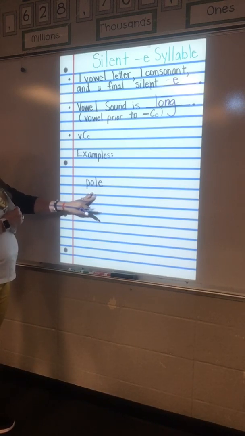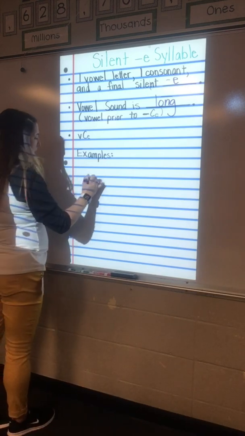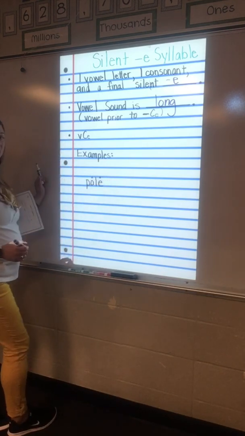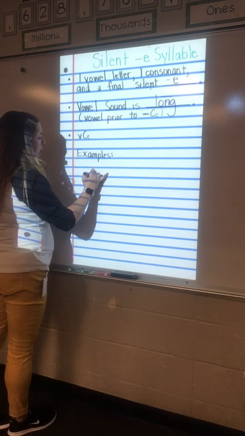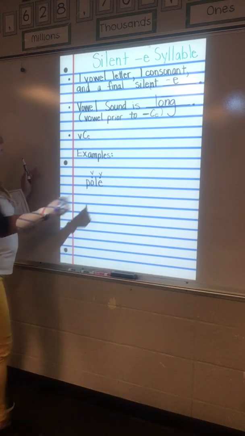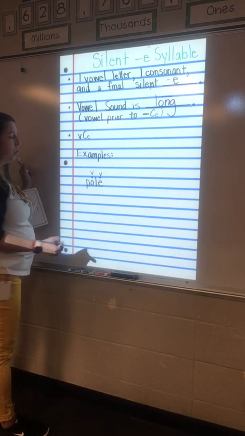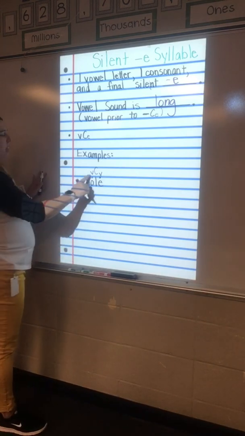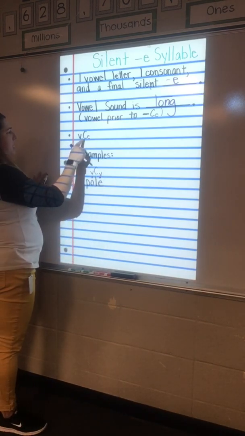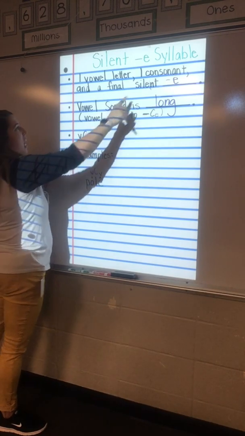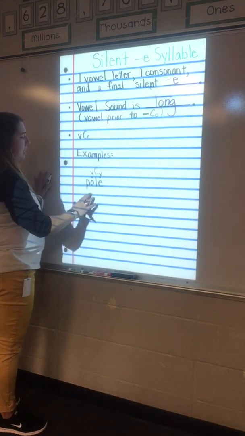Well, I noticed in this word it has two. I have an O and I have an E. So let's go ahead and label those with a V because that stands for vowel, since we've been learning that the whole time. Now, what's the L? Ooh, if you said a consonant, you're correct. Now, I see VCV, but this says VCE. Ooh, because that's that silent E.